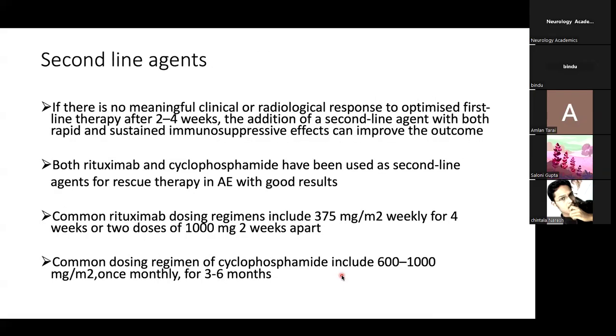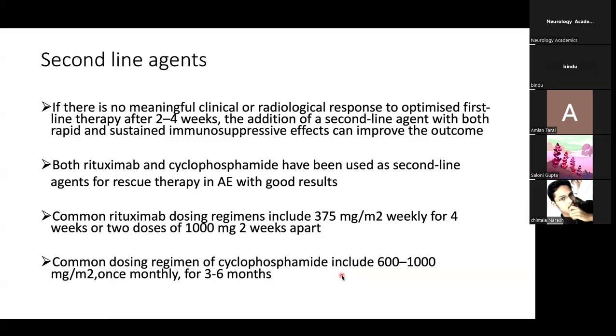Second-line therapy: if there is no meaningful clinical or radiological response to optimized first-line therapy after 2 to 4 weeks, the addition of a second-line agent with both rapid and sustained immunosuppressive effect can improve the outcome. Both rituximab and cyclophosphamide have been used as second-line agents for rescue therapy in autoimmune encephalitis with good results.